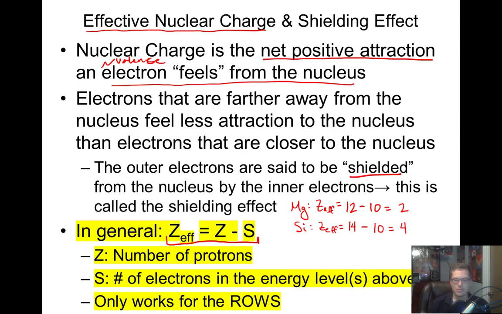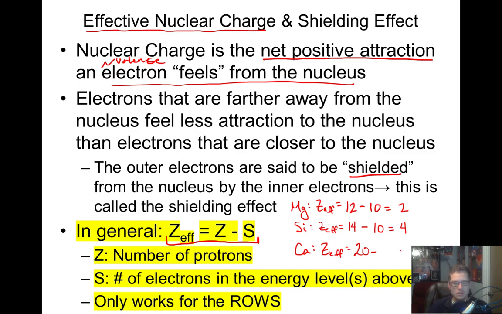Now let's talk about what happens when we jump to a different row. Let's do the one that's right underneath magnesium, calcium. So we do the Z effective for calcium. Calcium's atomic number is 20, and then for its shielding electrons, we go up to the row above it, which is row 3.